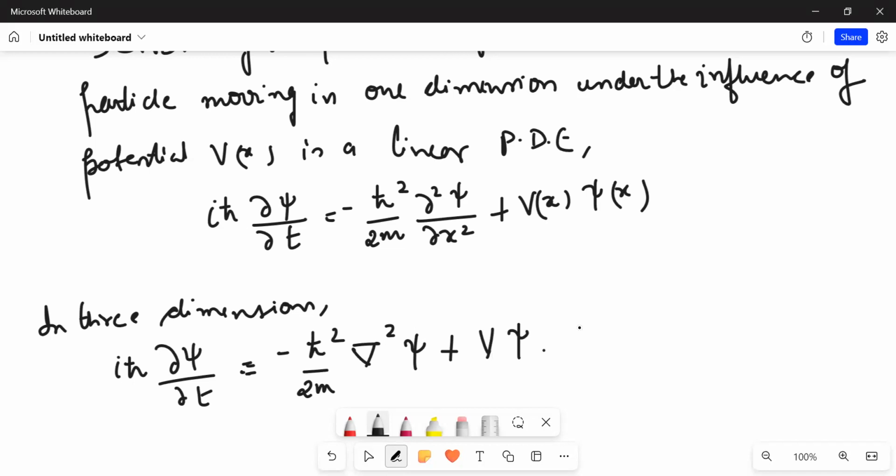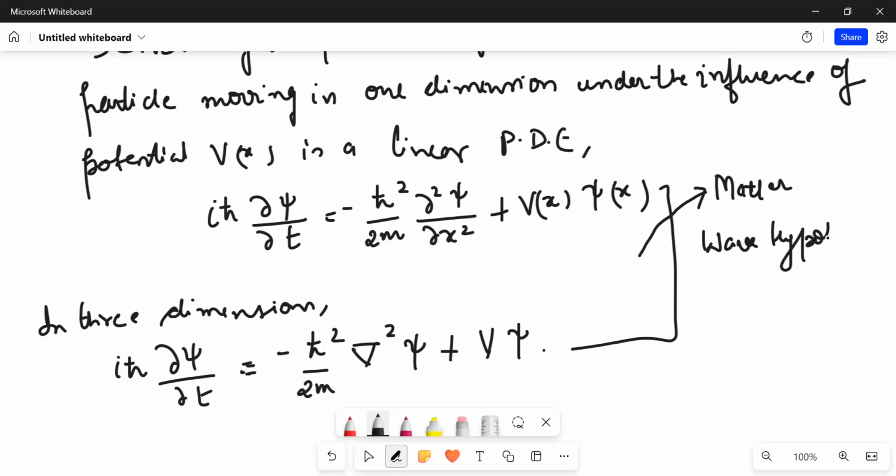And we have seen that we tried to derive this particular equation using the matter wave hypothesis. We have derived it initially.